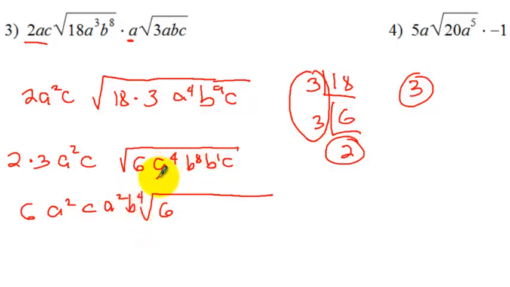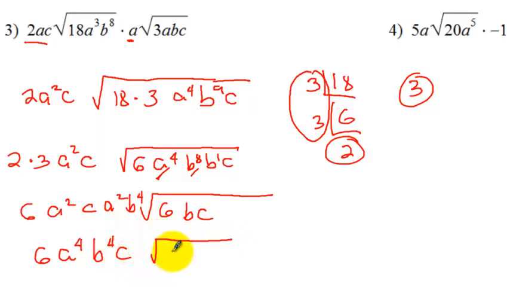Okay, so we're done with a4 and b8. Just bring down your b raised to 1 and c raised to 1. Next, let's simplify our coefficients. 6 times a squared is a4, b4, and then just bring down your c times the square root of 6bc.